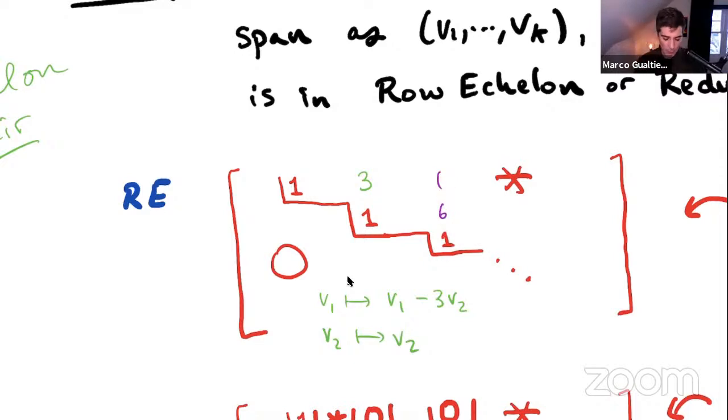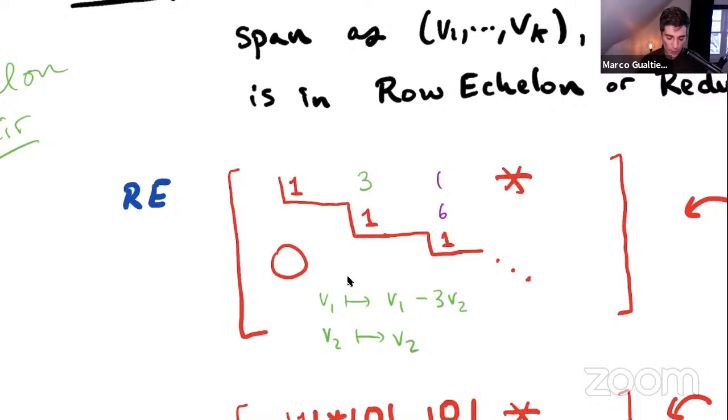Which shear you have to do for the third column will be affected by what you did in the second column. If you wanted to specify a list of shears which doesn't depend on what you had to do, then you should do it in the backwards direction, because once you clear this out, then when you clear this one, the values are not affected.